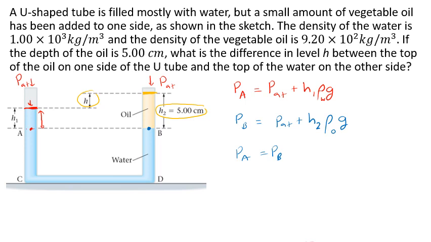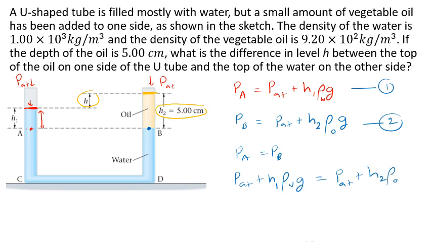You can rewrite these equations by equating them. P_A is atmospheric pressure plus H1 rho water times G, which equals the pressure at point B, atmospheric pressure plus H2, the height, and the density of oil multiplied by G. You can simplify this a little and find the unknown H1 value.